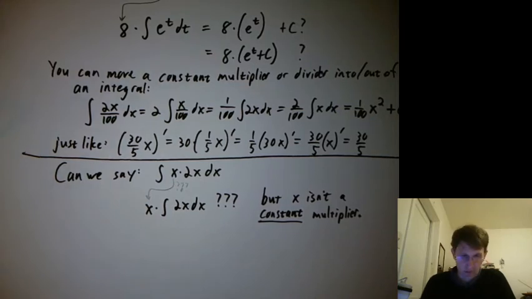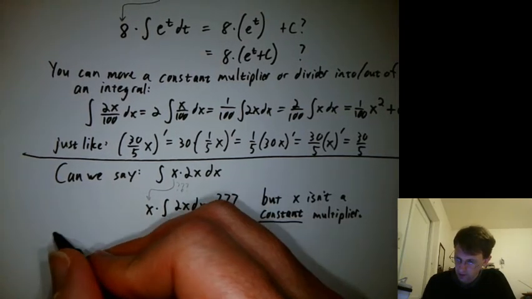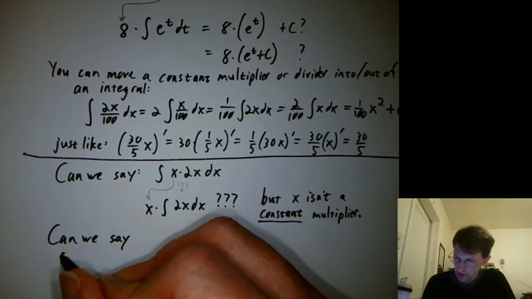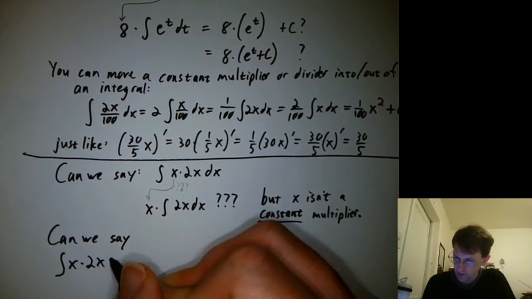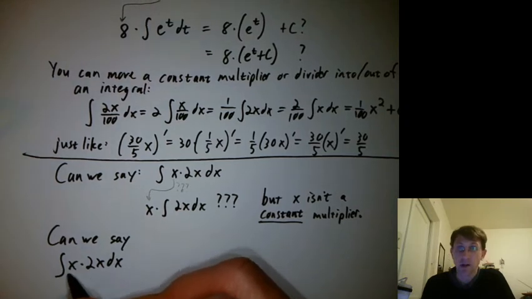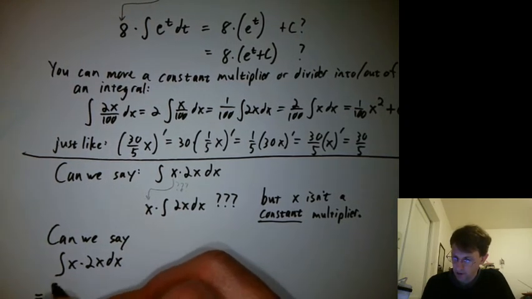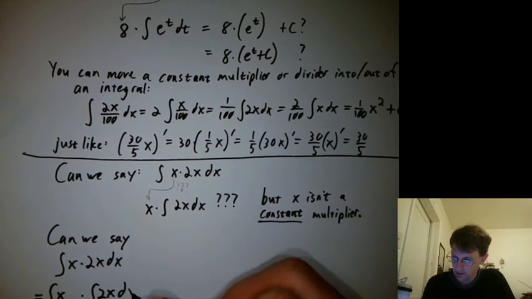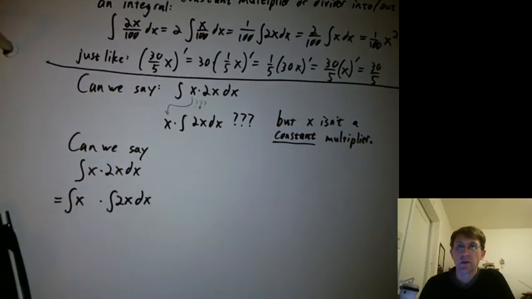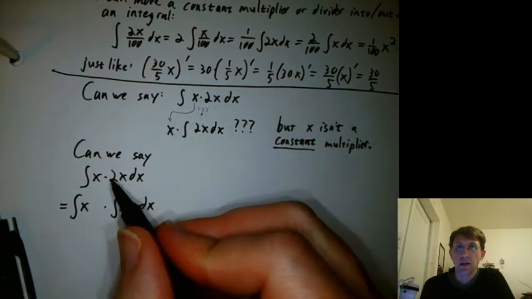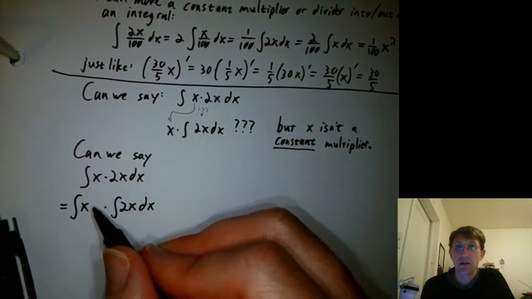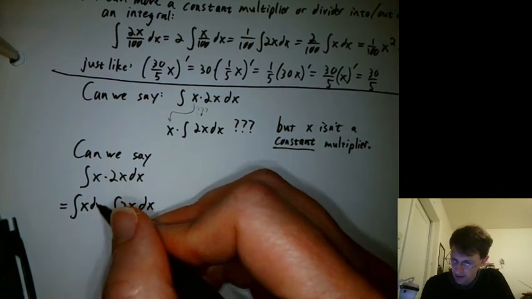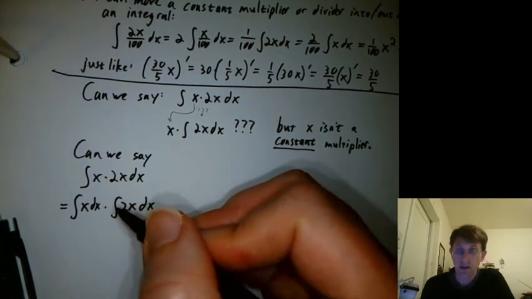Well, can we do anything to rescue it? Can we say the integral of x times 2x dx? Well, can I break it up? Integral of x times integral of 2x dx? Well, there's a problem right away. Any integral sign should have a dx or dt or whatever attached to it. Let's just kind of pretend that that one gets there.